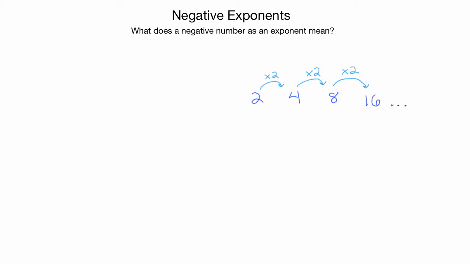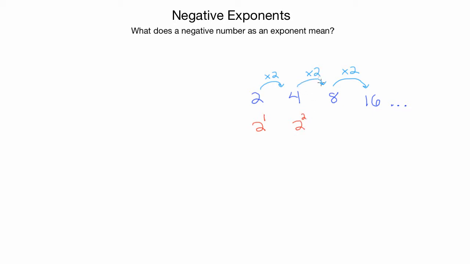Now let's rethink this number pattern in terms of 2's, how many 2's I have. This first one is just one 2 by itself. So one way to think about the number 2 is 2 to the first power. Then if I take that one 2 and multiply it by another 2, I end up with 4, which is two 2's, or 2 to the second power.